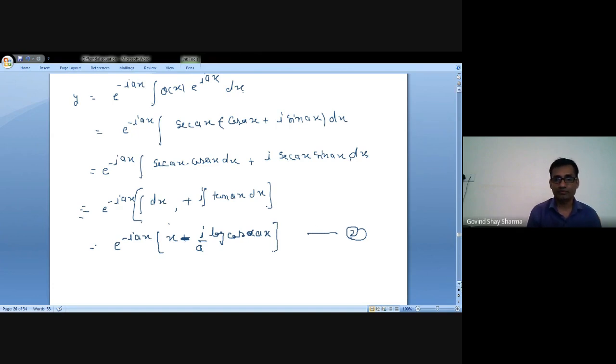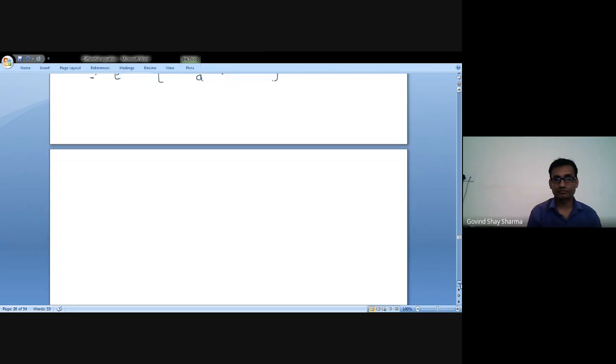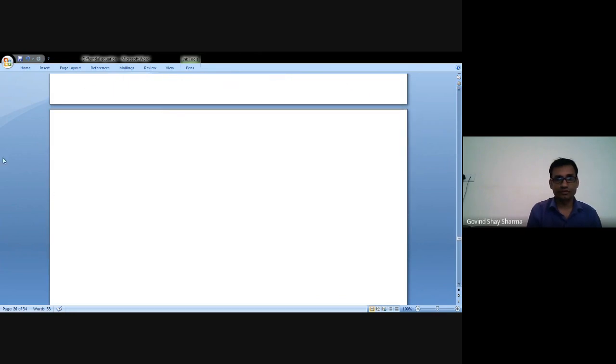Now I2 is equal to I2 becomes 1 upon D minus iota.